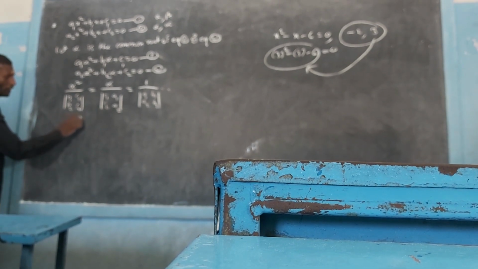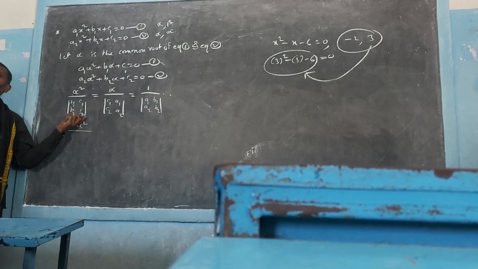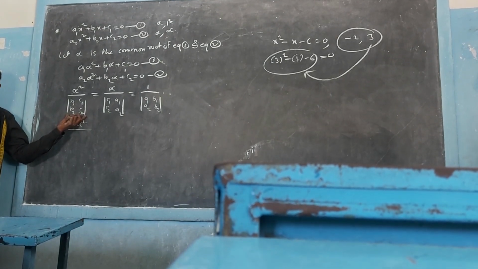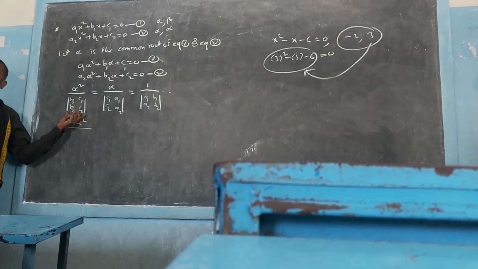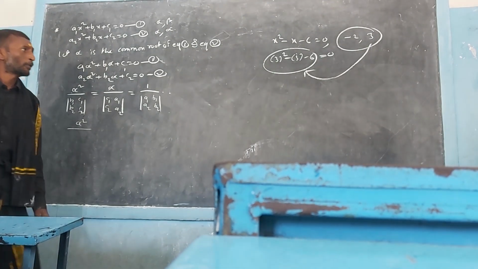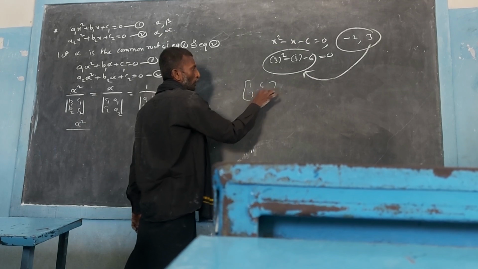So alpha square by, now the determinant. This concept you will learn about this determinant in the case of the matrices. So you don't know about the matrices. Matrix is nothing but only the rectangular array of the real numbers which are written in the rows or in the columns. For example, I will take some numbers 1, 6, 7, 3, 4, 5.